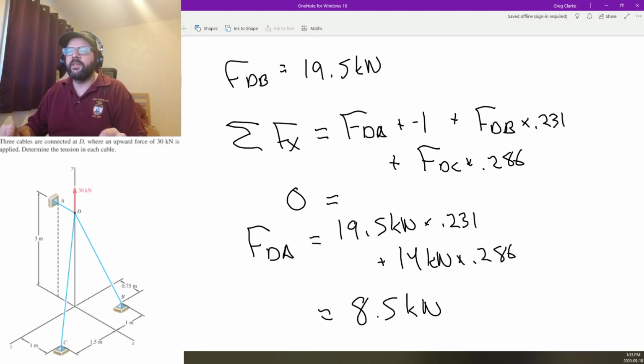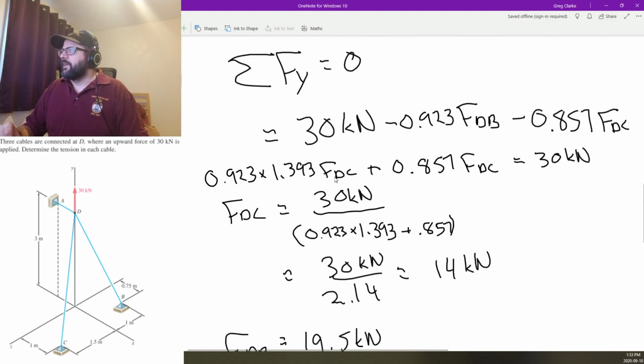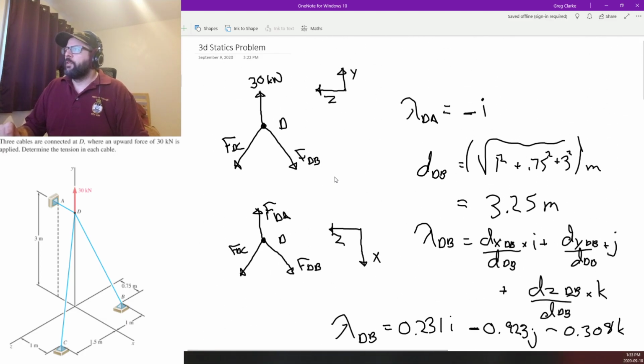Like I said, generally speaking, I find that the unit vector approach is the most straightforward. It's the one that is least likely to have you run into issues figuring out what angles.